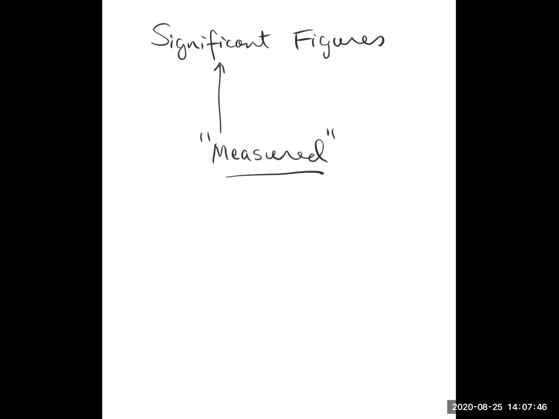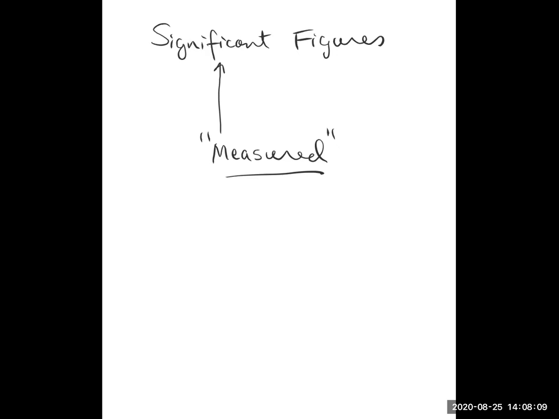And to chemists, we only talk about things that are measured. We don't talk about feelings or ideas or anything like that. Everything we study is something we can measure, okay? Even an electron. So when we measure things, we have tools that we measure them with.